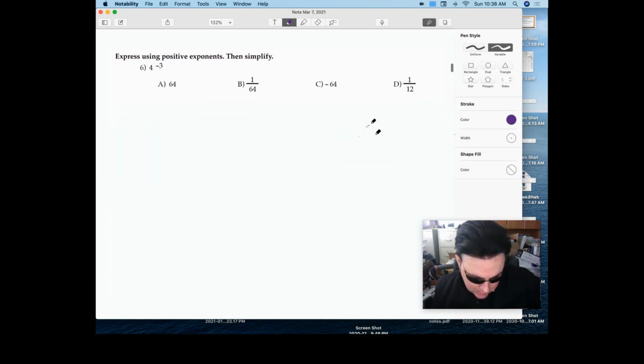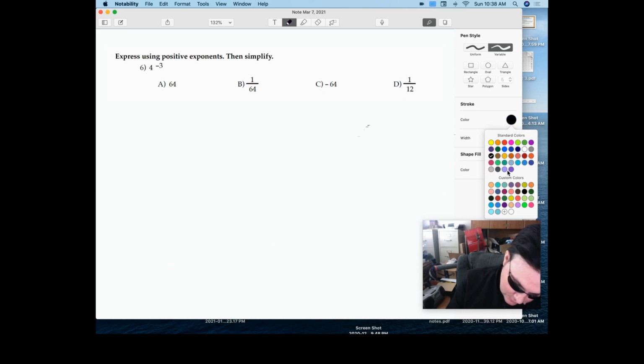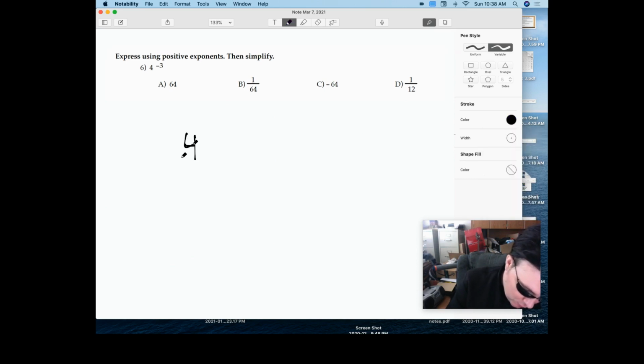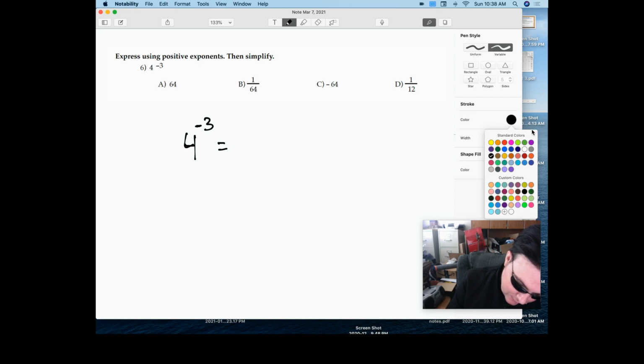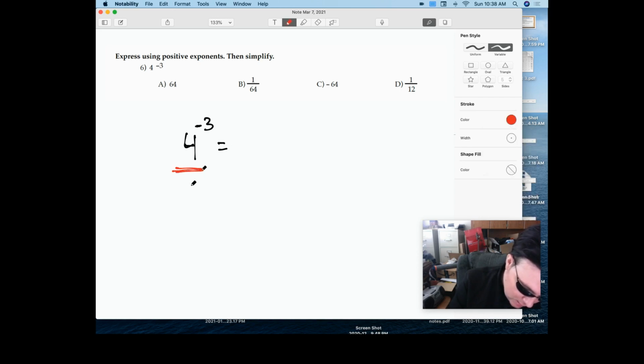Number 6, 4 to the negative 3. Remember, 4 to the negative 3, it's hard to see, but this is actually just 4 to the negative 3 over 1. And if that is the case, then whenever something is negative, that means reciprocal.